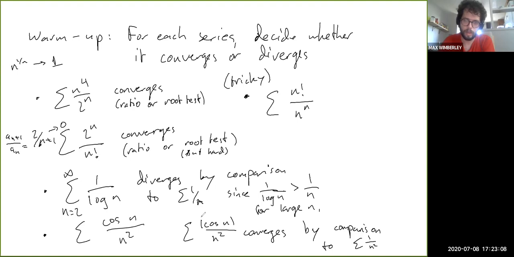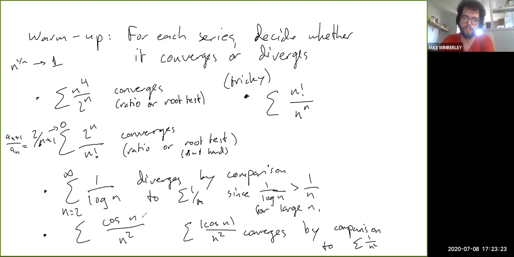Now that they're all positive, the thing is you can't use the comparison test if you just have one series that converges and then another series that's less than that series.